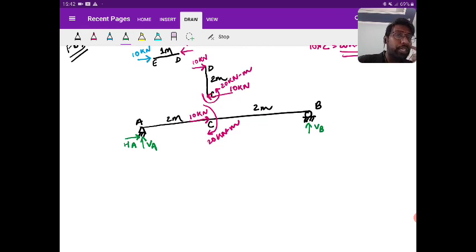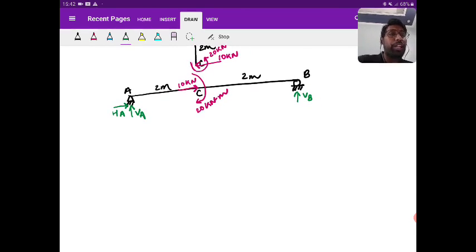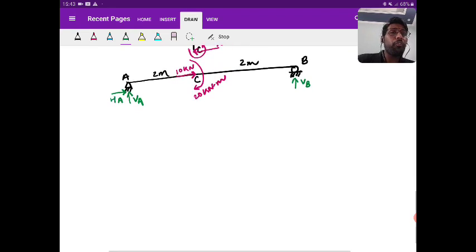So find the support reaction. Fast. It's not a matter of a long time. It will take hardly 30 seconds to solve. Let's see.